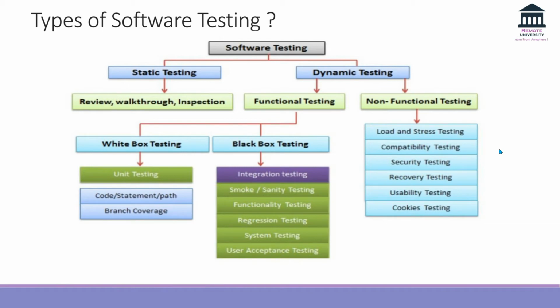Then non-functional requirements are where no functionality or outcome of the application is checked, but we only look at how the application behaves under some load, whether it is usable, whether it is fully secured, or if it crashes, whether it can recover the data the user was trying to enter. All of these are part of non-functional testing.